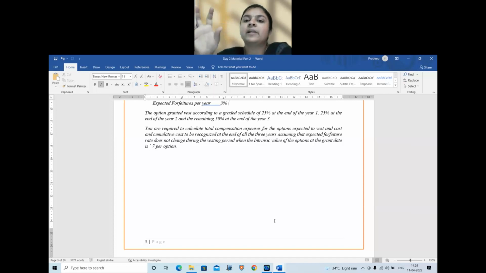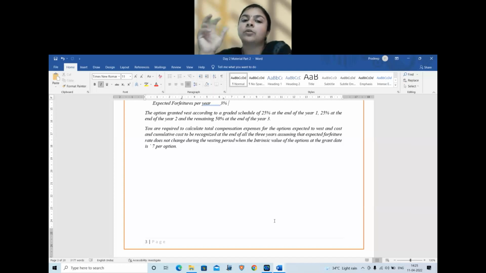Some options get eligible in year 1, some in year 2, some in year 3. So the options granted vest according to a graded schedule, which is 25% at year 1, 25% at year 2, and the remaining at the end of year 3.